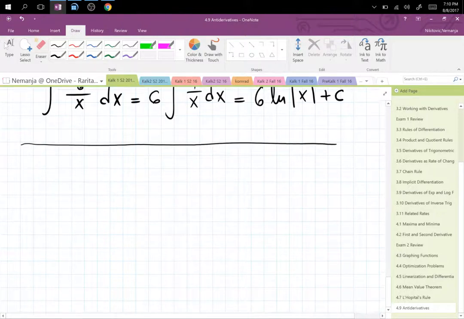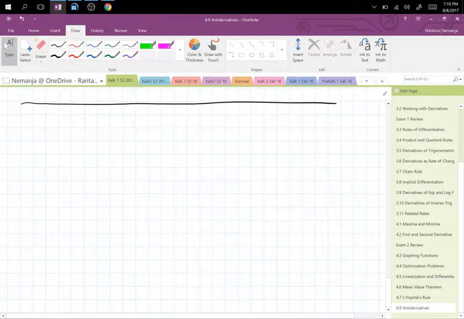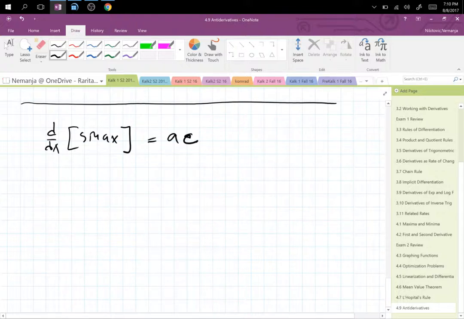Now the next formulas that I'm going to write are the formulas for the trig and exponentials that have a constant a multiplying x. Remember how we said that the derivative of sine ax is a cosine ax? Remember that?